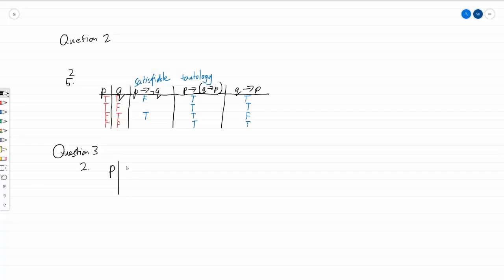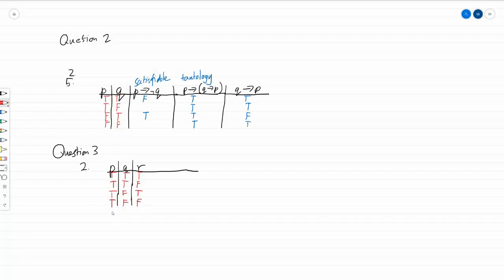So we have P, Q, and we're also working with R. They're using capital letters, I'm using lowercase, but that's okay. In this one, we're going to have a little bit more, and I'll draw this down later. So the idea here is we now have true, true, true, true, true, false, true, false, true, true, false, false.